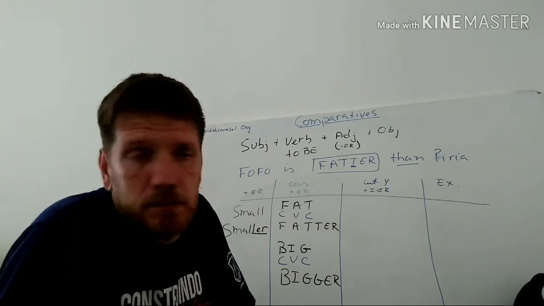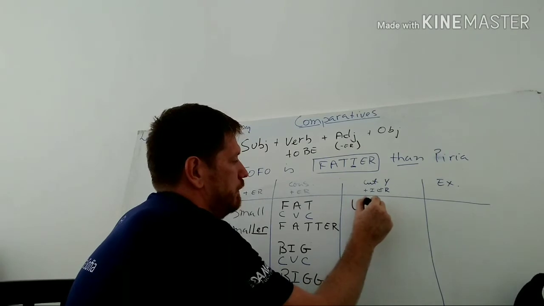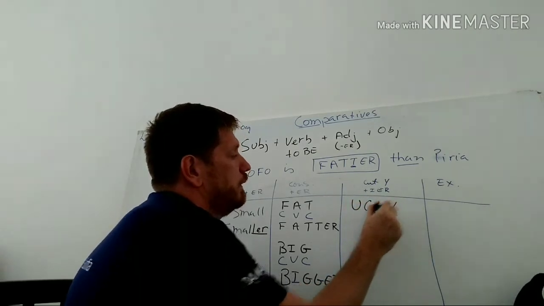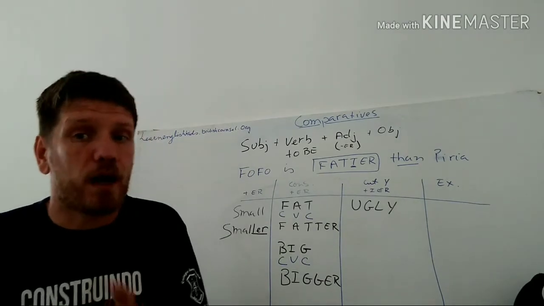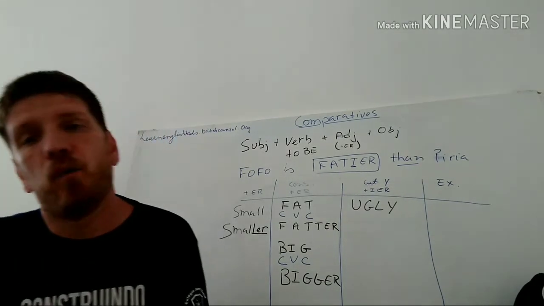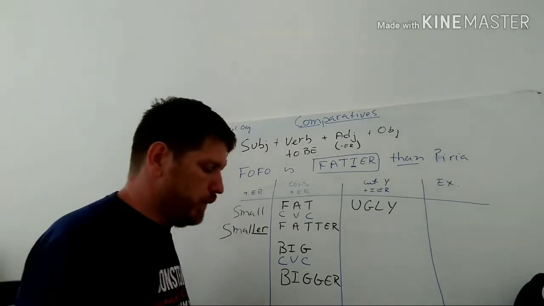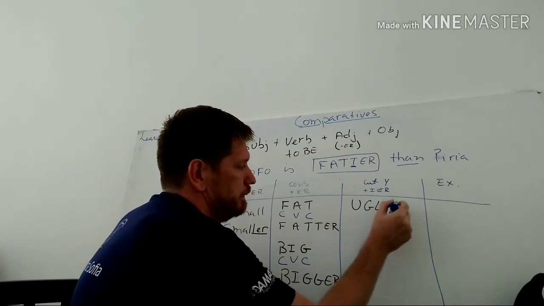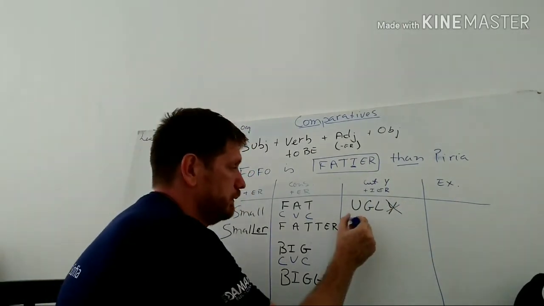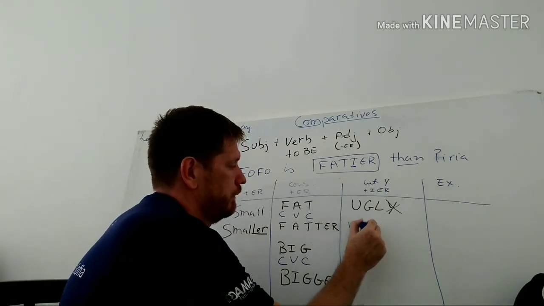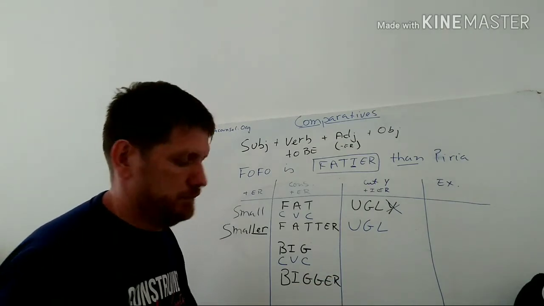What about cut the Y? Well, let's look at the word ugly. The word ugly ends with a consonant and a Y. When this happens, we normally cut the Y. So we're going to use just these letters.